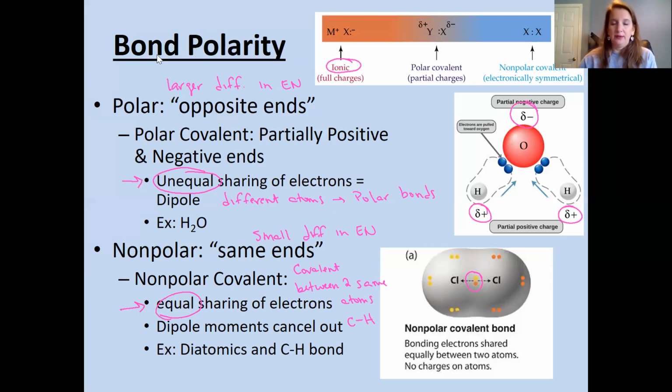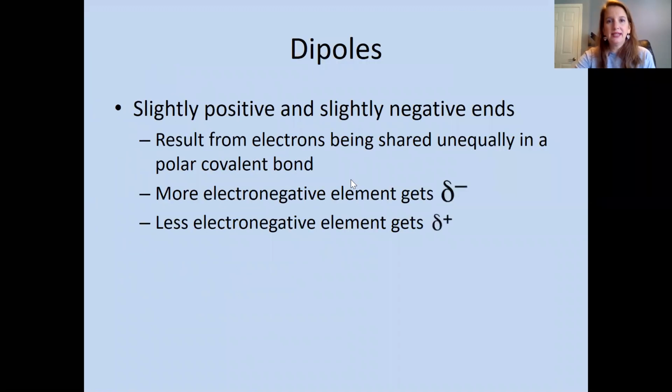With bond polarity, we would indicate for polar bonds only which one would be slightly negative and which one would be slightly positive by putting these dipoles here. Okay, so we would again follow the trend for electronegativity, which increases up and to the right. So based on electronegativity trends, the one that is more electronegative would get this dipole here, indicating that it was slightly negative.